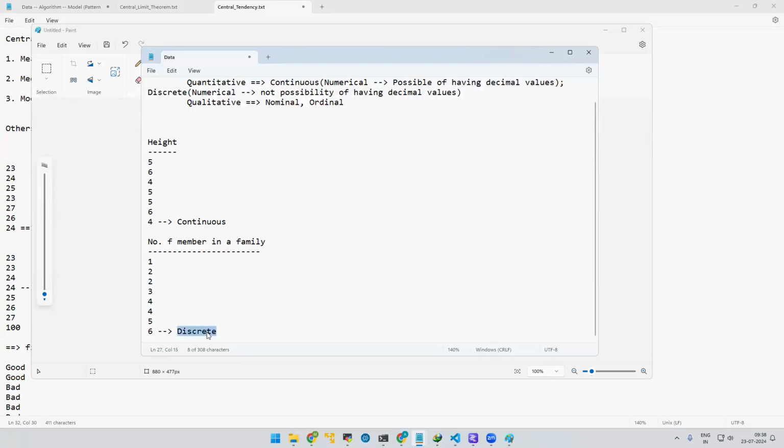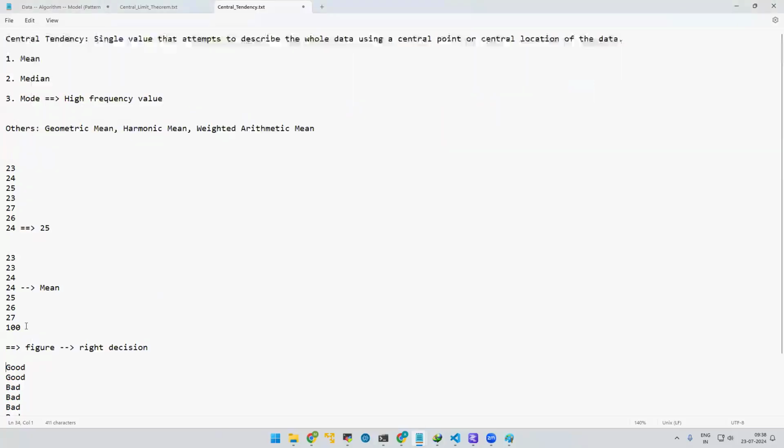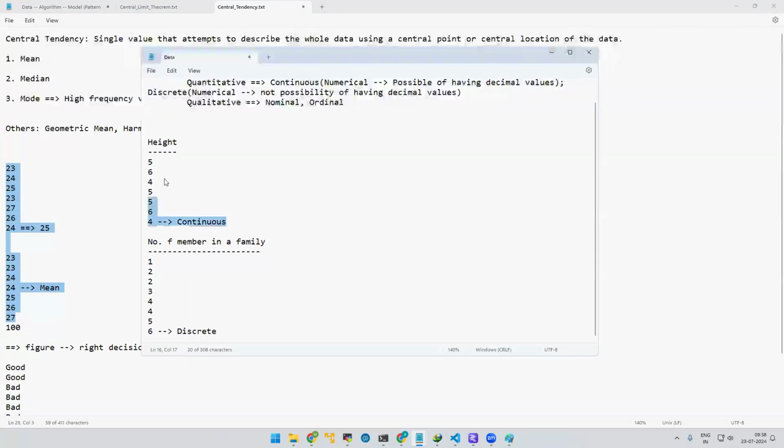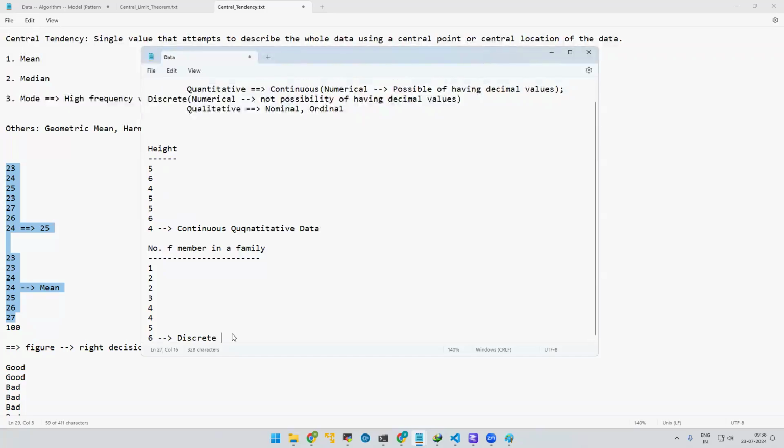So for discrete data, we need to find the mode. We should not find the average, mean or median. The mean or median is only for continuous quantitative data. For discrete quantitative data, you should not apply mean or median.